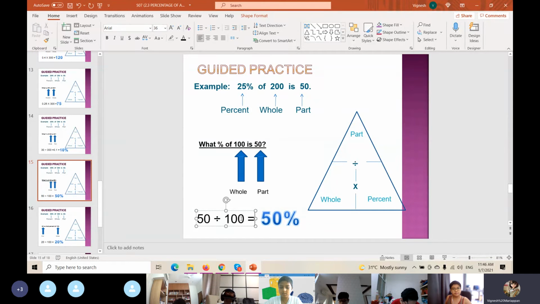Use your calculator, Fiona. Teacher, 2. Hmm? 2? No, 50 divide 100, not 100 divide 50.